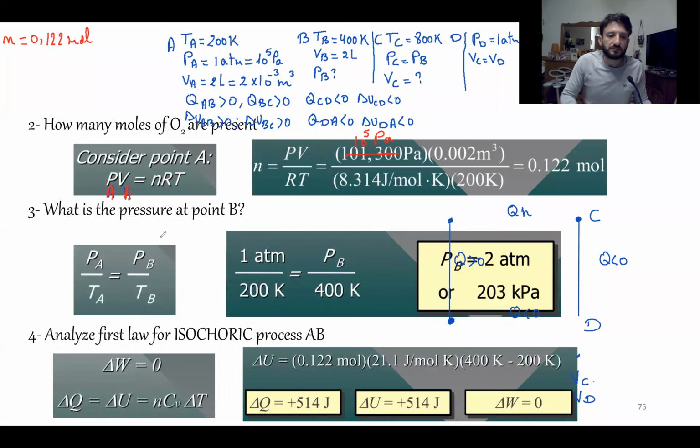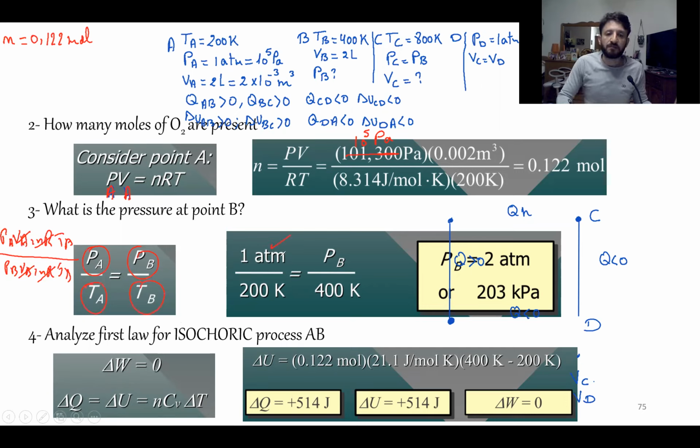You know the relation PAVA equals nRTA, and PBVB equals nRTB. We have the same V, so VA equals VB, n, R, we get finally PA divided by TA equals PB divided by TB. You can substitute the values here.